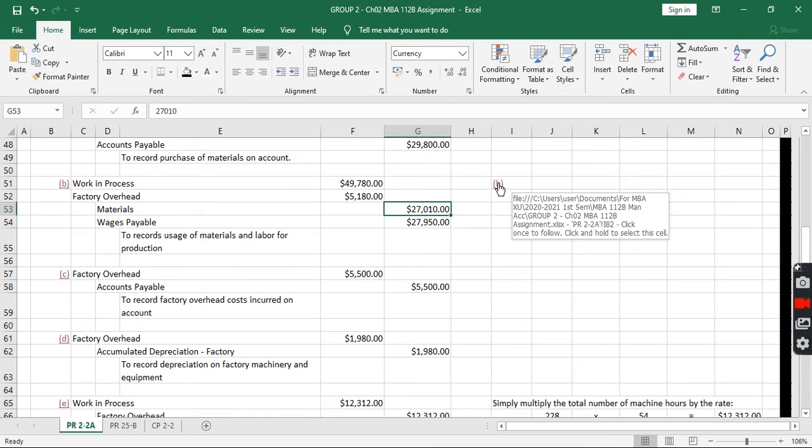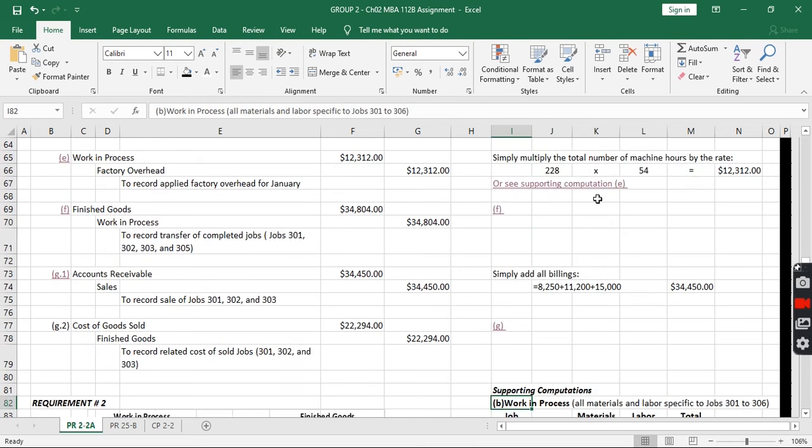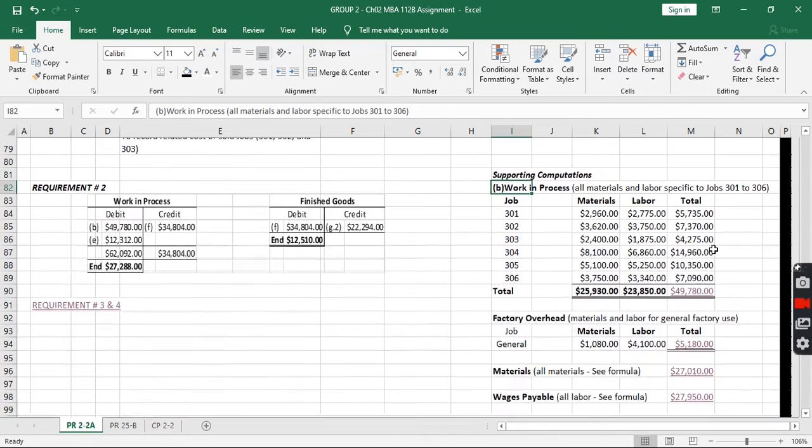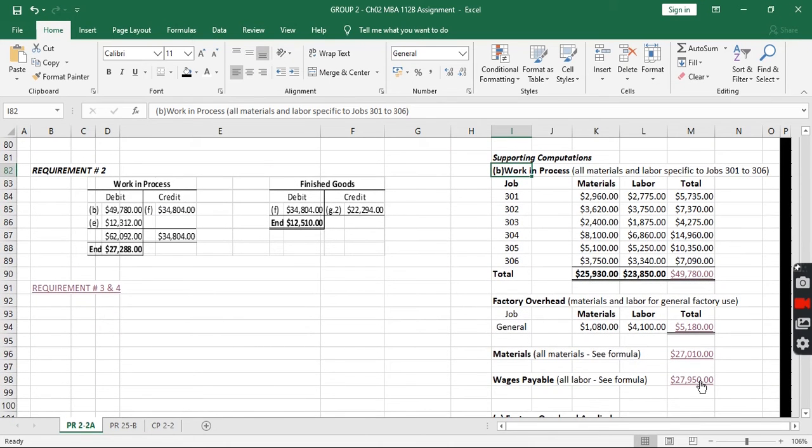And then for our wages payable, which pertains to the total labor used, it should be 27,950, which is all of these labor costs. If you want to actually know the particulars of the formula, you can click on the cell, and then you'll see which specifics are these ones.